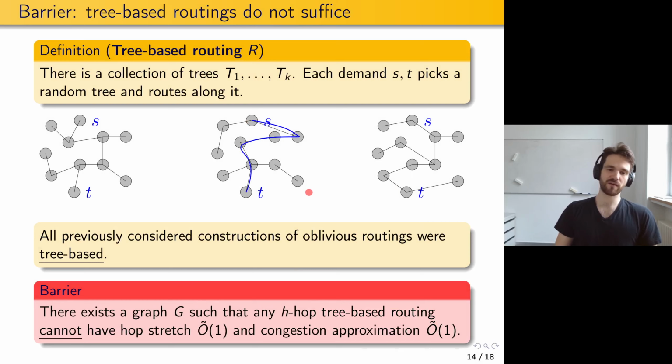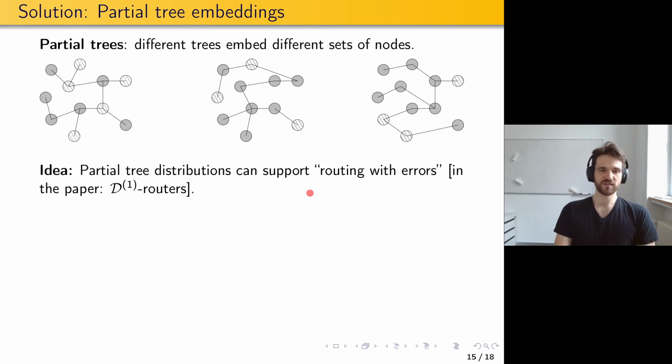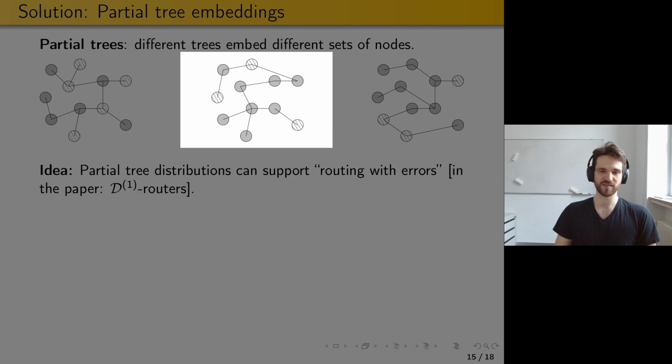So you needed a very new notion of how you route, one that is not tree-based, also known as linear routings. The big idea here is that we don't use tree-based routing, but partial tree-based routings. What's a partial tree? It's a tree that doesn't embed all the nodes, but just a subset of the nodes, and different trees embed different subsets.